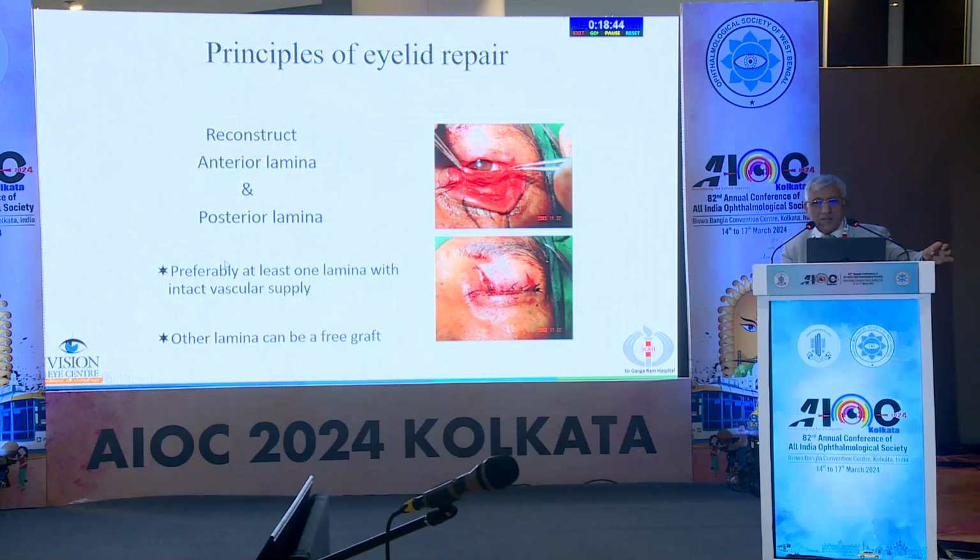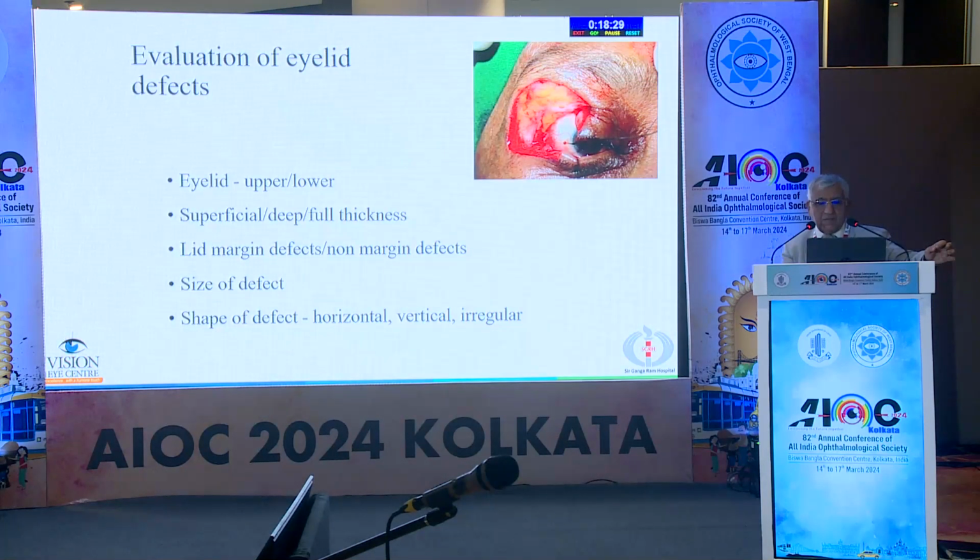At least one lamina, if it is with a vascular supply, it's a great help. The other lamina may then be a free graft which can derive its vascular supply from the other which has a pre-existing vascular supply.